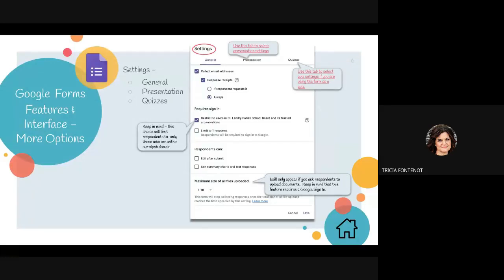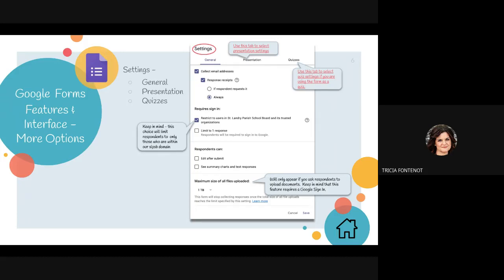So in the general settings, you can choose to collect email addresses in your form. Now, let me say this. If you collect email addresses, people have to sign in to Google to be able to fill out the form.